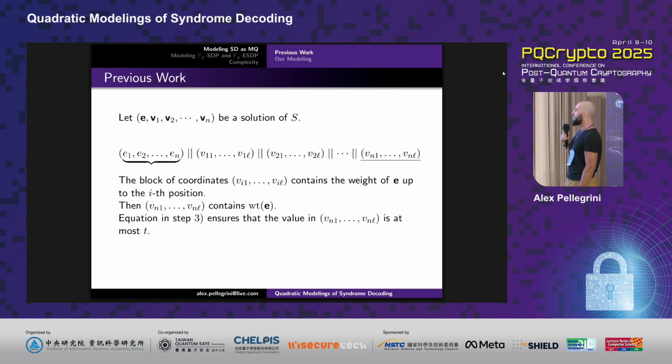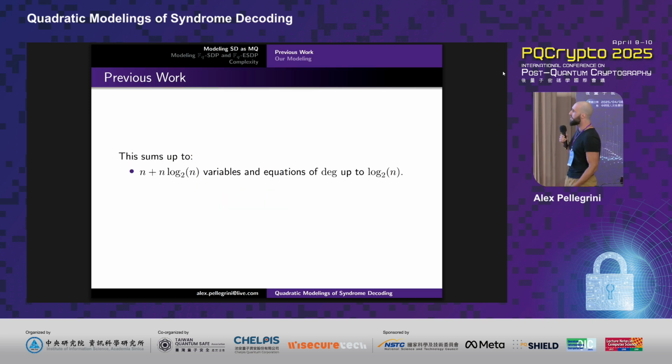Yeah, and the equation in step 3 is basically ensuring that the value represented by the binary expansion in the last part is at most t. So this sums up to n plus n times log n variables and equations, and they are, as I said, higher degree equations.